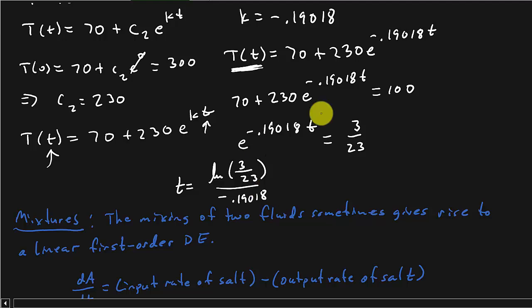Taking the natural log of both sides just leaves us with the exponent over here. And so this comes out to be 10.7 minutes.